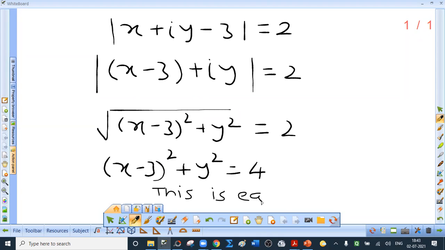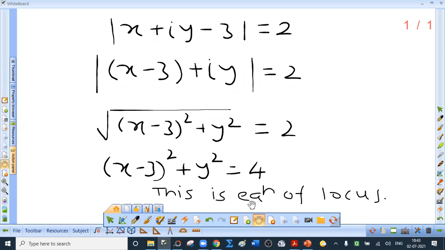Again, locus is a set of points satisfying certain geometrical condition or conditions. At present, for this locus, you won't be able to understand or find the required condition, because we haven't done the concept of locus yet. We will be doing this in second semester. But at least we can obtain the equation, right?